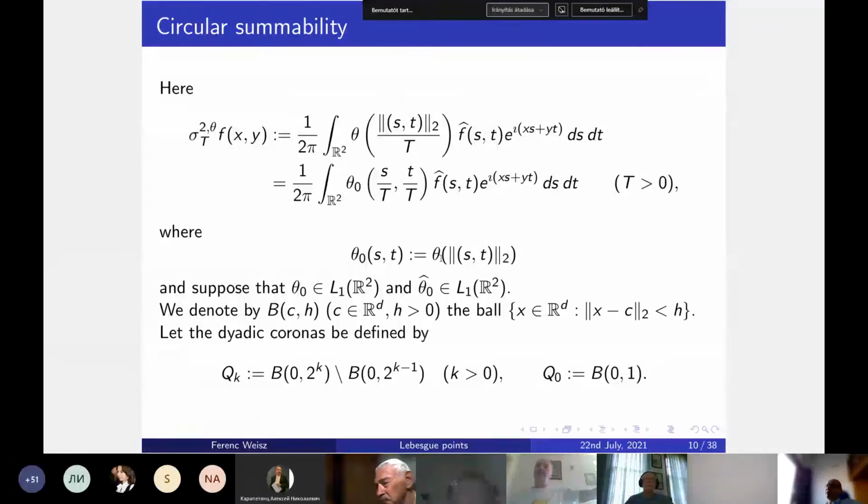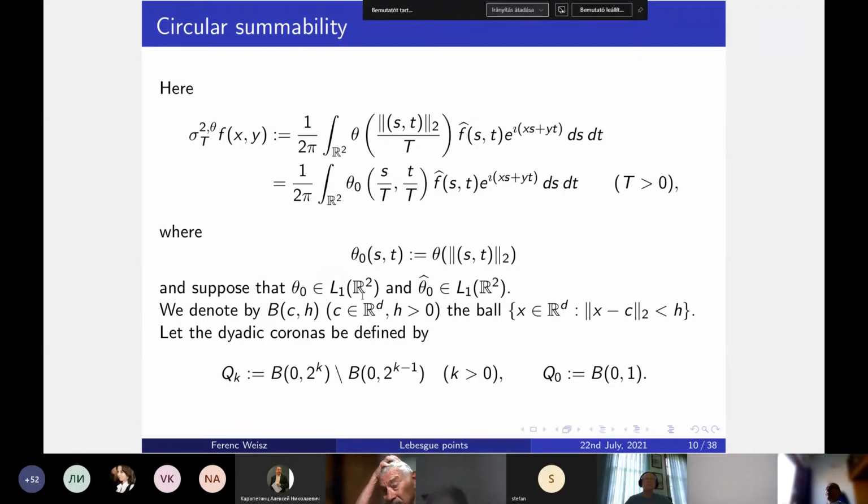This is equal to theta at the point, the two norm of the vector s and t. This theta 0 is a radial function. And I suppose that theta 0 and the Fourier transform of theta 0 are integrable functions. We need this definition.